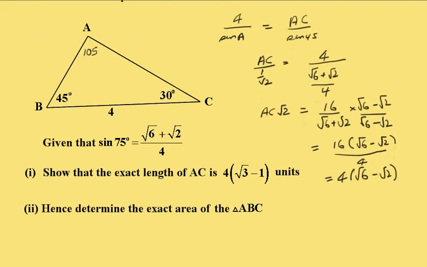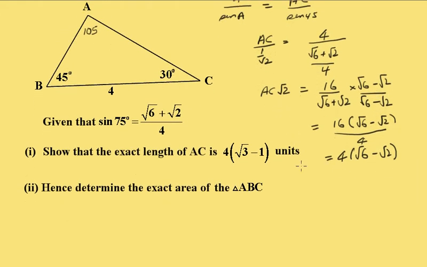Alright, now what we need to do is to divide both sides by root 2. So AC is equal to 4 on root 2 times root 6 minus root 2.